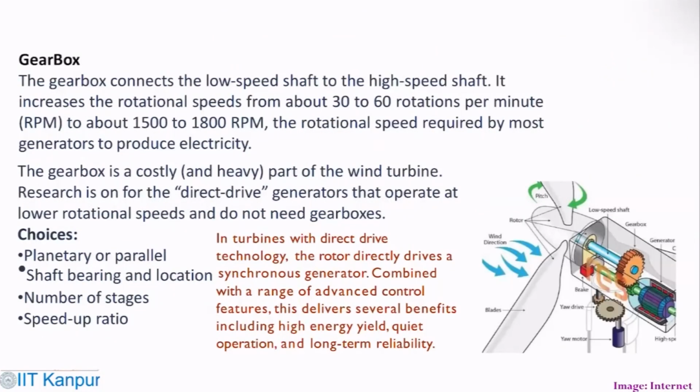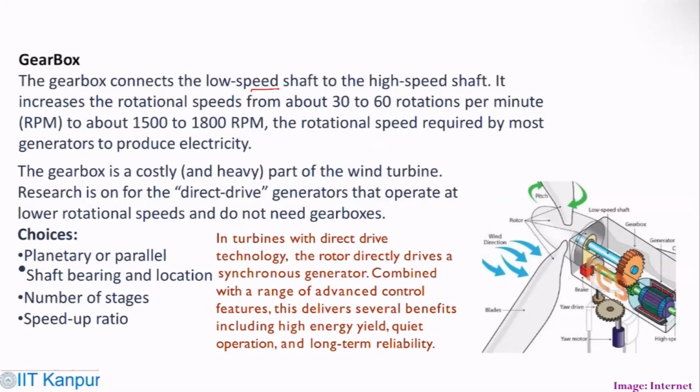Now we use the same picture here, but we are looking at the gearbox. The gearbox connects the low speed shaft to the high speed shaft. Here is the high speed shaft, which is connected with the generator, and this is connected with the gearbox or gear mechanism.